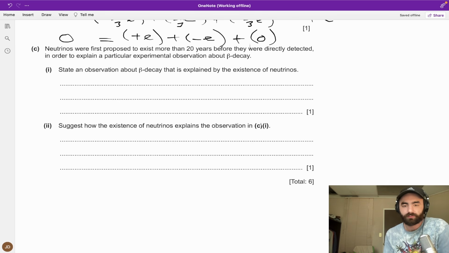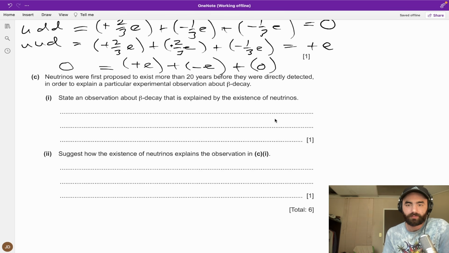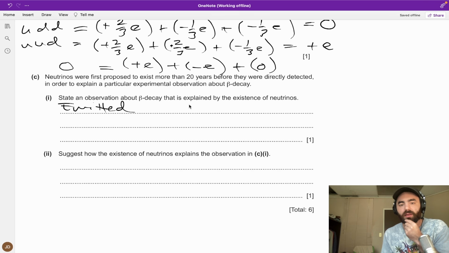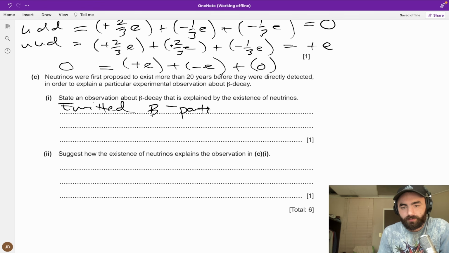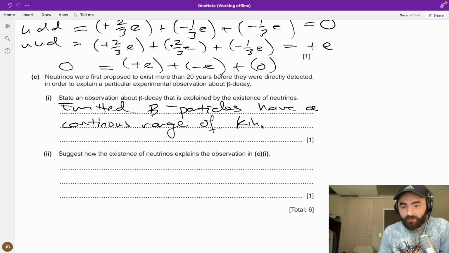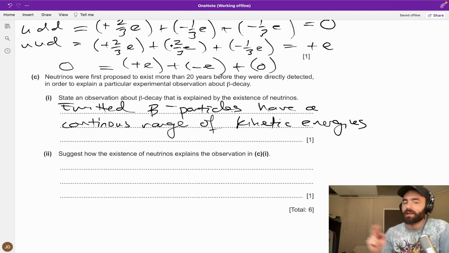Well, like I talked about before, this is because the emitted beta particles have a continuous range of energies, or more specifically kinetic energies. They're not coming out with the same kinetic energy.